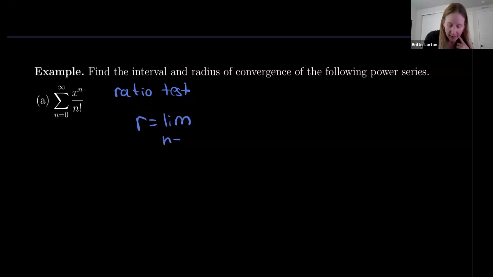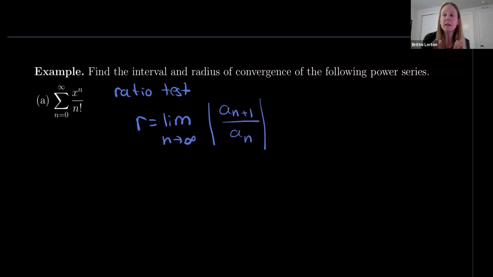It's take the limit as n goes to infinity of the absolute value of a sub n plus 1 over a sub n. In the ratio test video, we ended up ignoring that absolute value because all of our terms were positive. But here, I have to keep that absolute value because x is unknown. It might be a negative number. I got to keep that absolute value. Okay, but the idea is still the same for the ratio test.